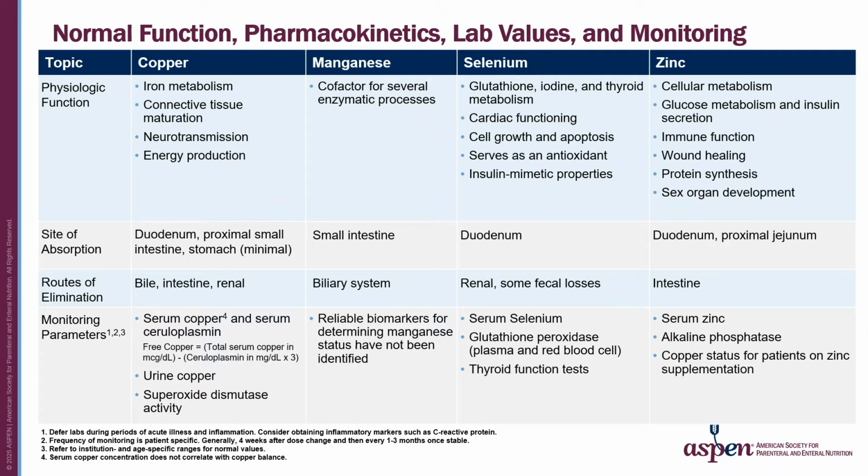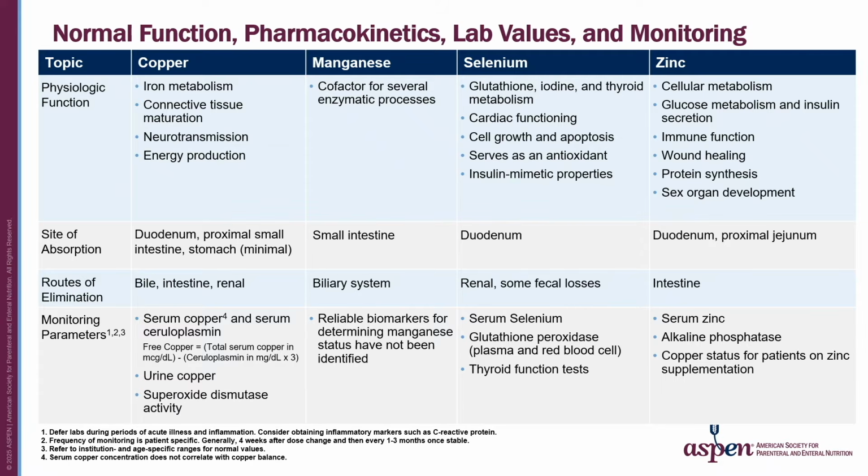It serves as an antioxidant and has insulin mimetic properties. It is absorbed in the duodenum, and routes of elimination include renal as well as some fecal losses. Monitoring parameters include serum selenium, glutathione peroxidase in plasma and red blood cells, as well as thyroid function tests.